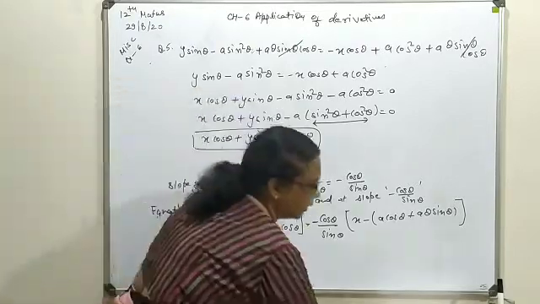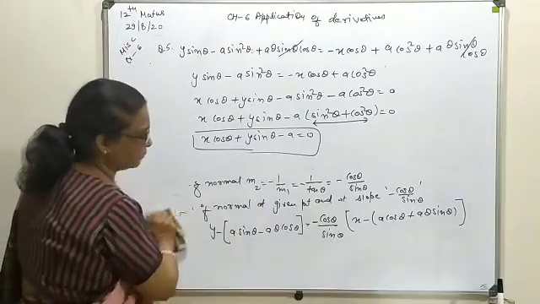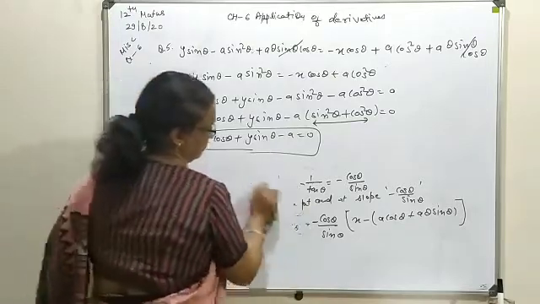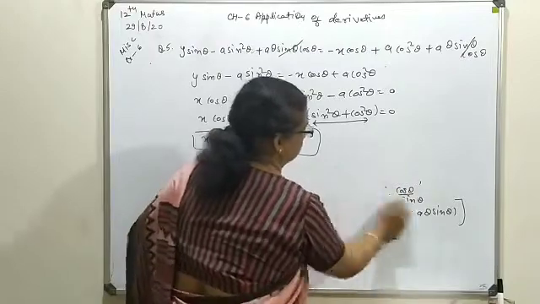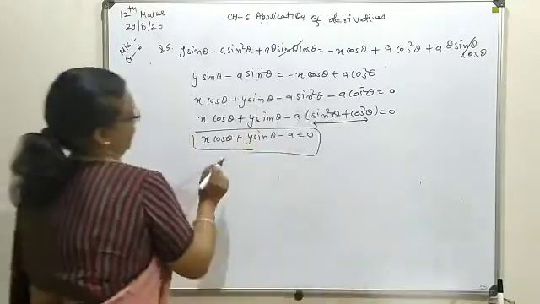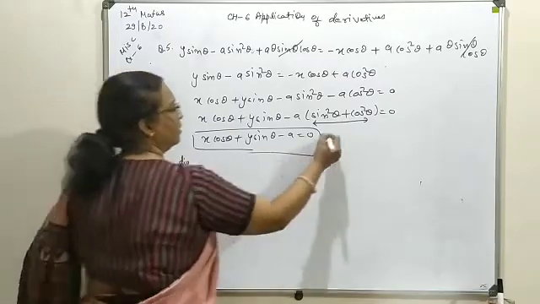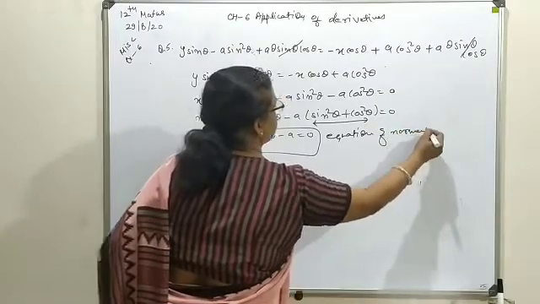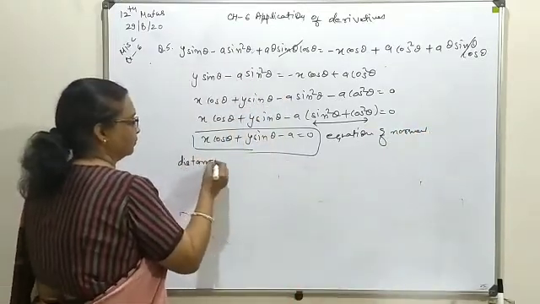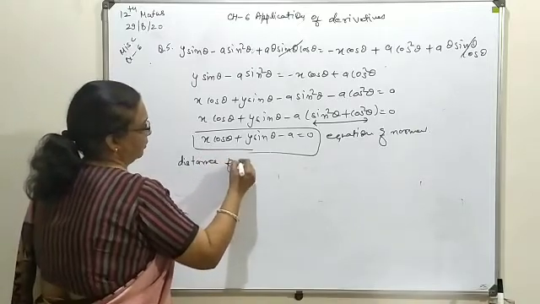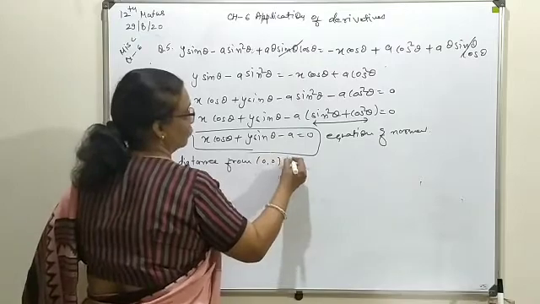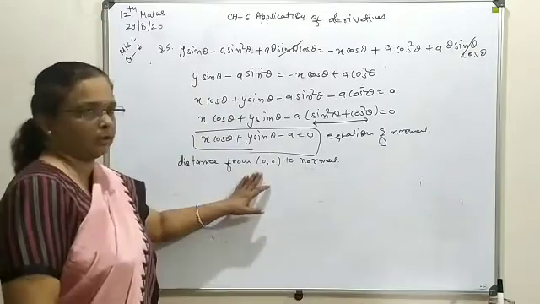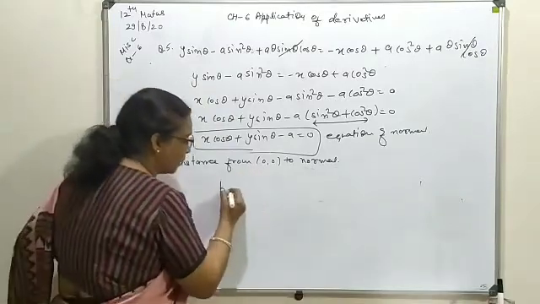This is the equation of the normal. The distance from the origin to the normal, we will write as p.